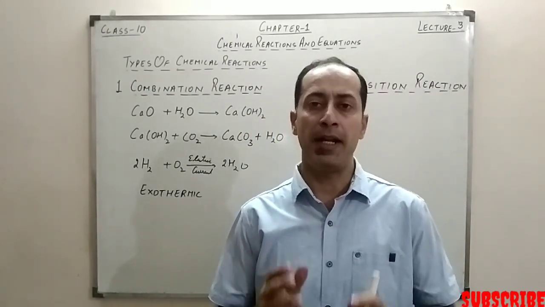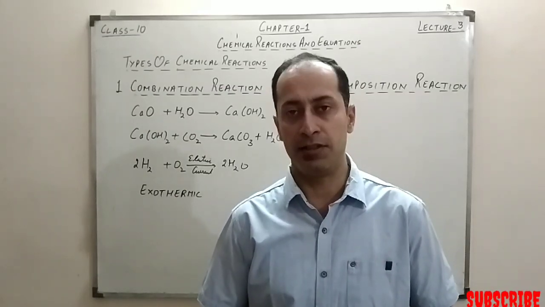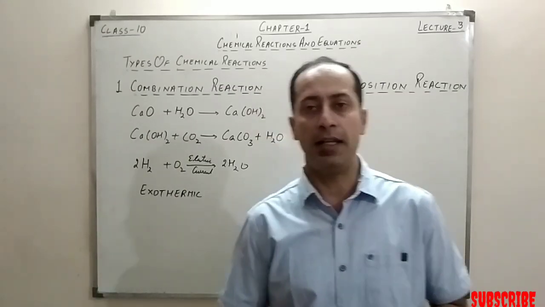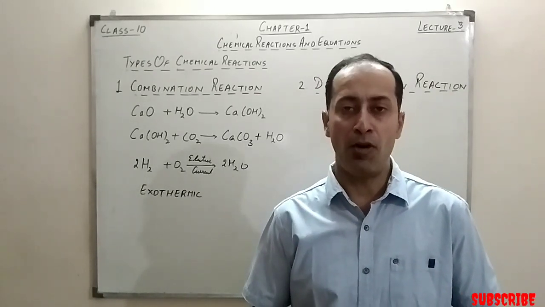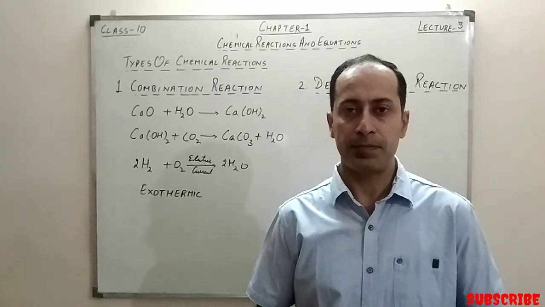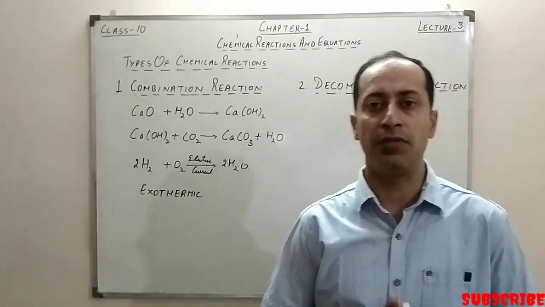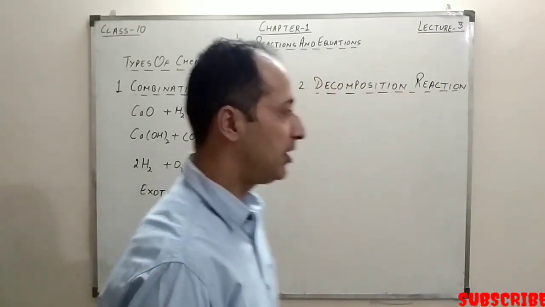Now, if we have to break any substance, we require energy, and this energy can be in the form of heat, electricity, or light. So decomposition reaction can be of three kinds. We further divide decomposition reaction into three types.